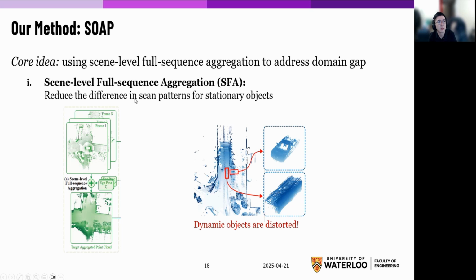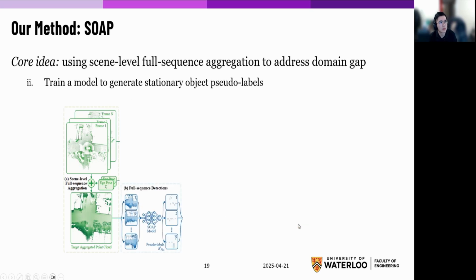As a result, in the subsequent pseudo-label generation process, we cannot really train and generate pseudo-labels for those dynamic objects because their location can be anywhere along their trajectory. So instead, we train a model to generate pseudo-labels specifically for the stationary objects by taking advantage of the properties of the full sequence aggregated point clouds.